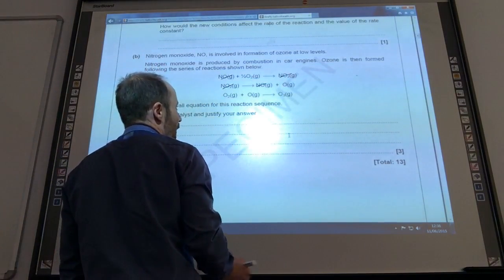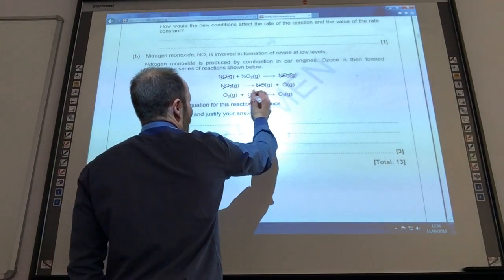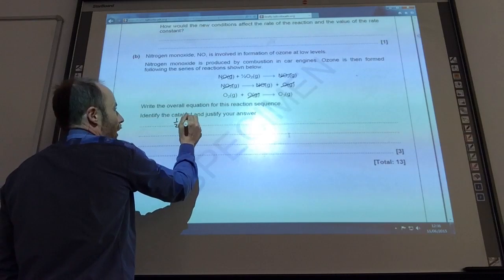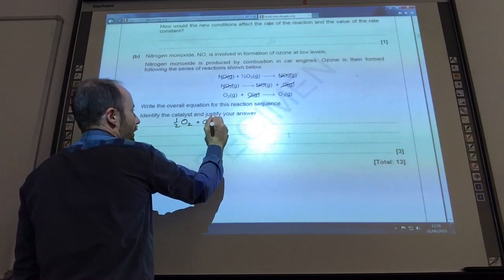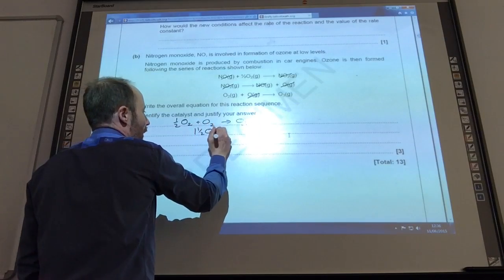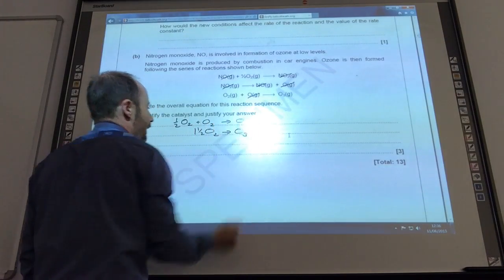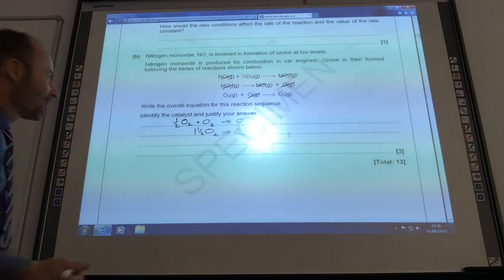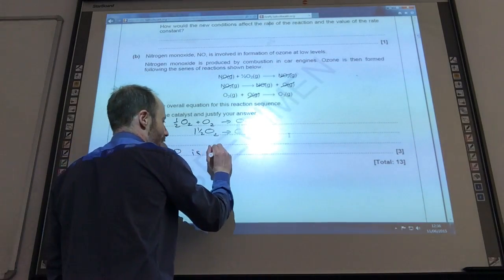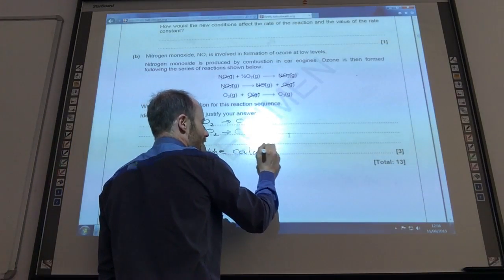What else am I left with? I've got O2, O there, goes with O there. So I'm left with half O2 plus O2 goes to O3, or 1.5 O2 goes to O3. What's the catalyst? Well, the catalyst is going to be NO. Why is that?